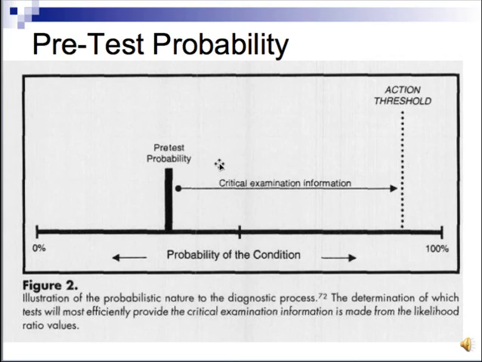And what we're looking for is for the test itself to do better than the pretest probability and actually improve our decision making, or improve the likelihood that they either do or don't fall in that category of having a fracture after we apply the test. If it doesn't help us or doesn't improve on the pretest probability in the first place, well, we really don't need to perform the test.